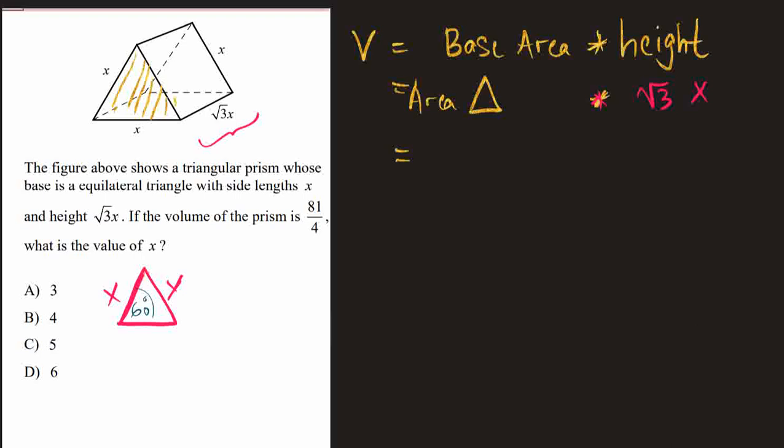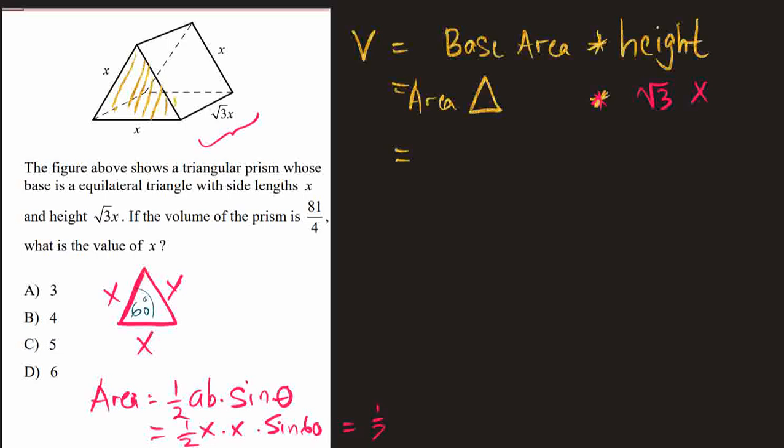All, and this will be x, and the formula will be area. We are using the sine formula: half times AB times sine theta. It will be half times x times x, and sine 60, which equals half x squared times sine 60.